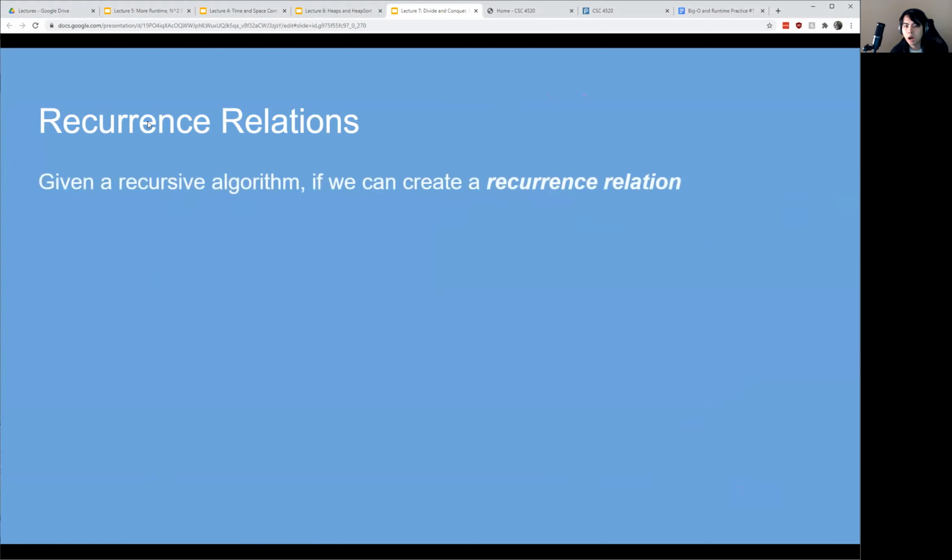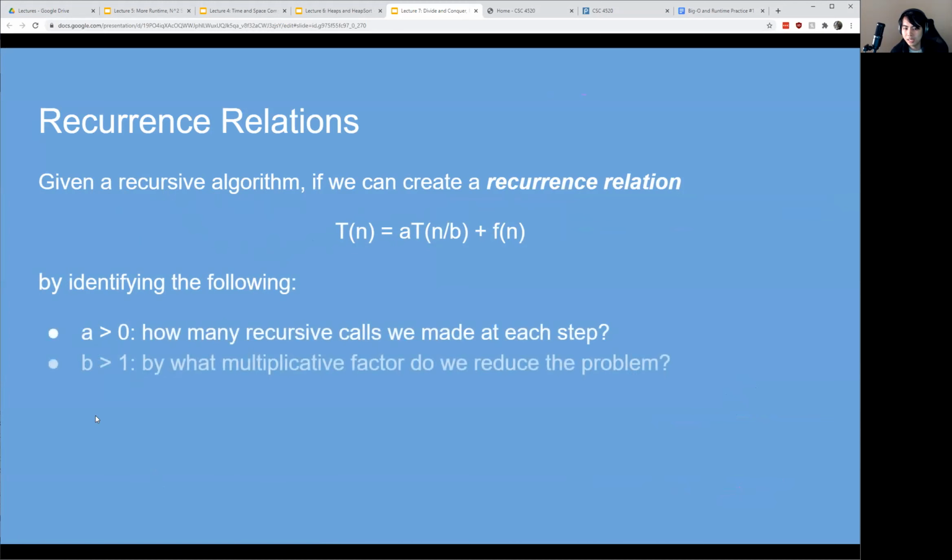Recurrence relations are essentially a way of identifying this formula in a recursive function. So given a recursive algorithm, we can create this formula for that if we can identify A, B, and f of n here. A is how many recursive calls we make at each step. B is what is the multiplicative factor that we reduce the problem by.